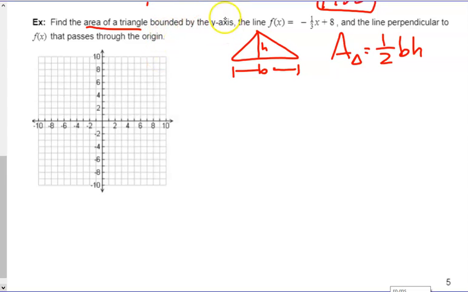Now first it says that we're going to be bounded by the y-axis. That means this guy here, okay? That is one of my boundaries. I'm also bounded by the line -1/3 x plus 8. So if I were to graph that, what we just did in section 2, we had to start with our b, and go up 8 on the y-axis.